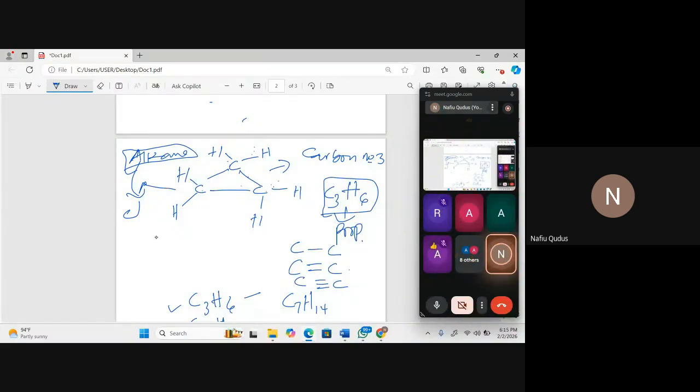Since it is carbon number 3, it is prop, and it is carbon to carbon single bond, so we must have ane, which is propane. And it is cyclic, so it starts with cyclo. This is now cyclopropane. This is the name of this compound.